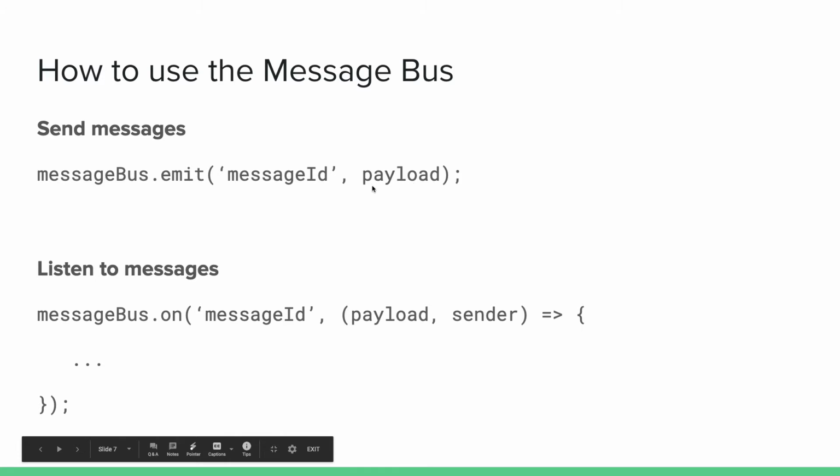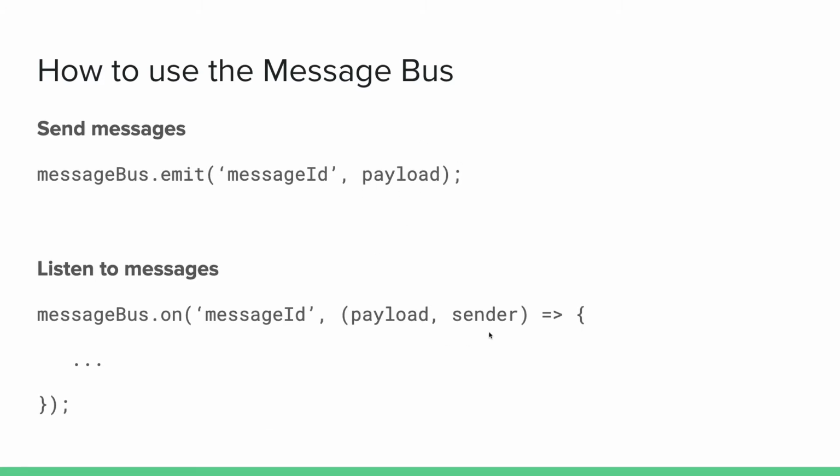This function will receive the payload, that is the same object that was sent, and the sender, that is the person who sent it. Basically, with these two things, you have everything you need to communicate with other peers and try to build multiplayer experiences.